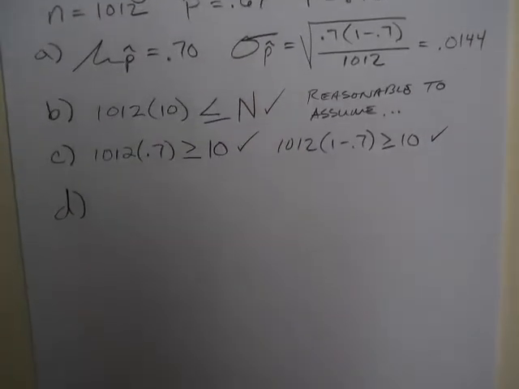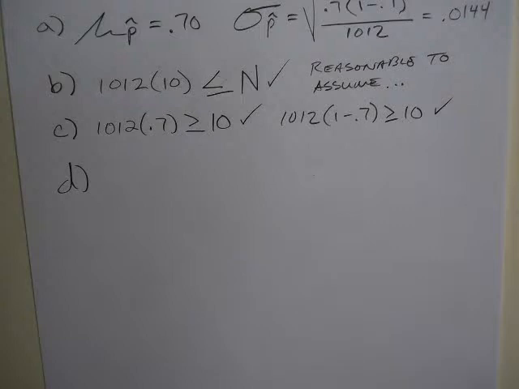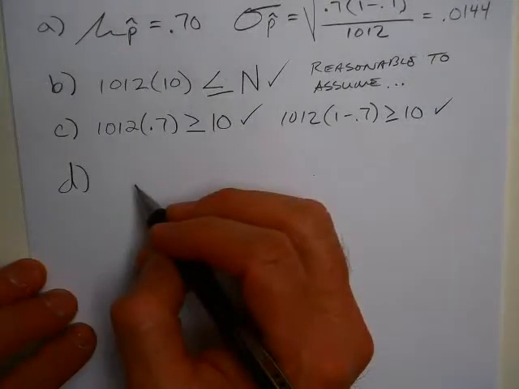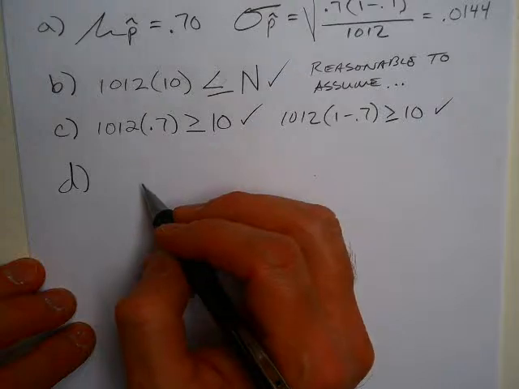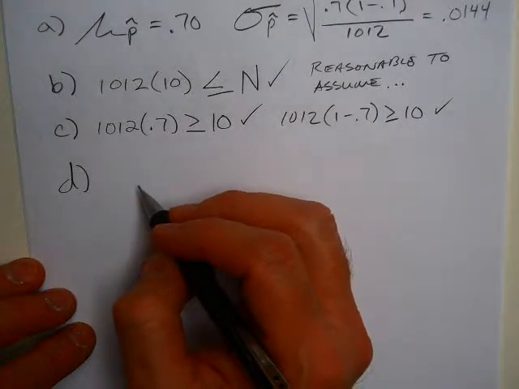D says, find the probability of obtaining a sample of 1,012 adults in which 67% or fewer say they drink the cereal milk. 67% or fewer, that's standardizing.